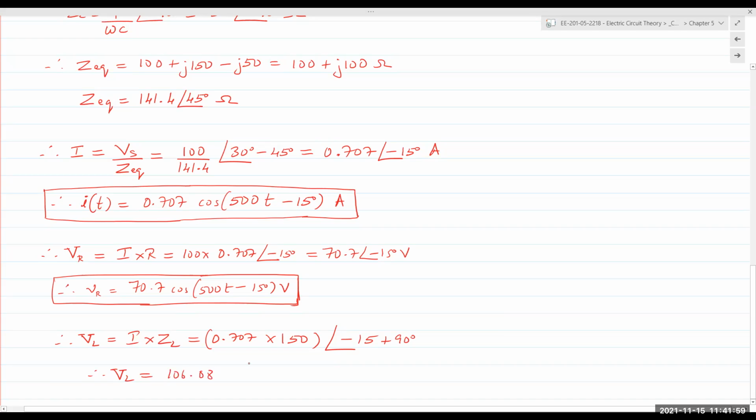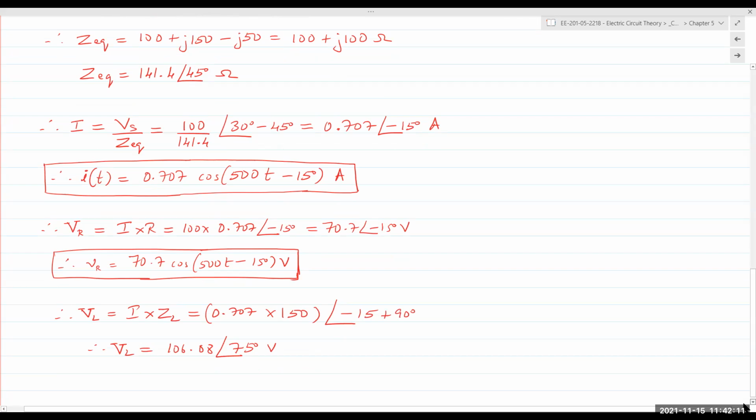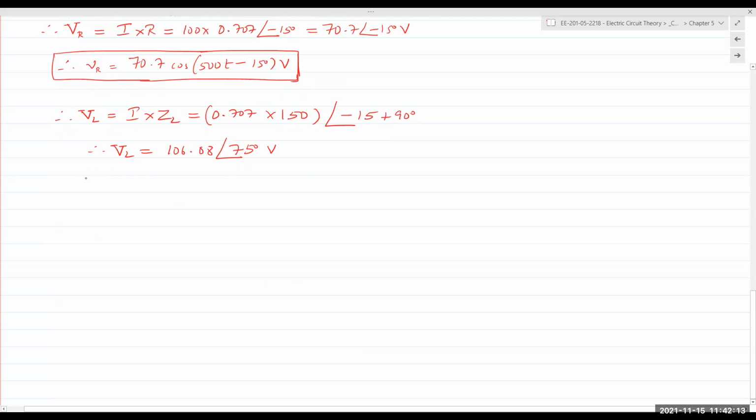106.08. And then the time domain expression would simply be 106.08 cos of 500t plus 75 degrees.